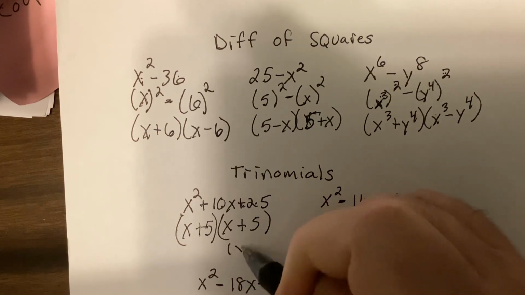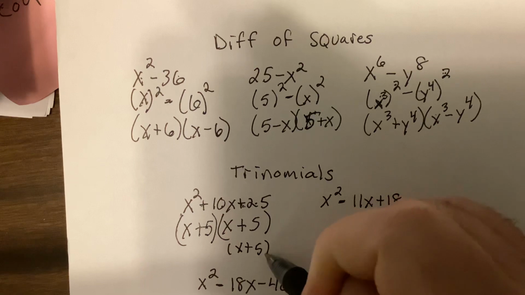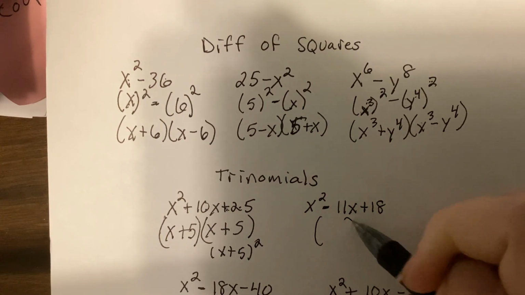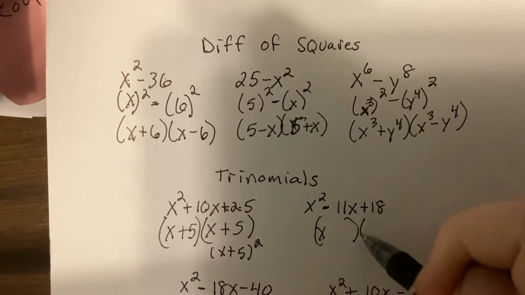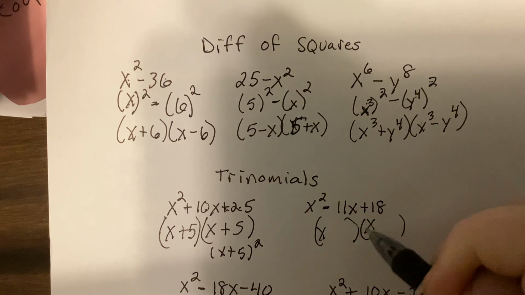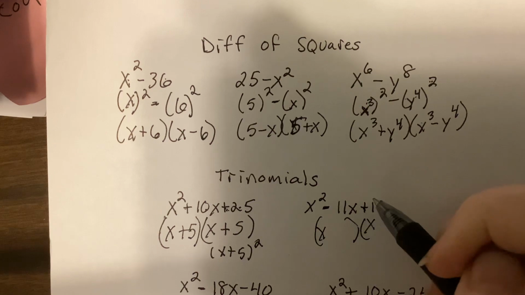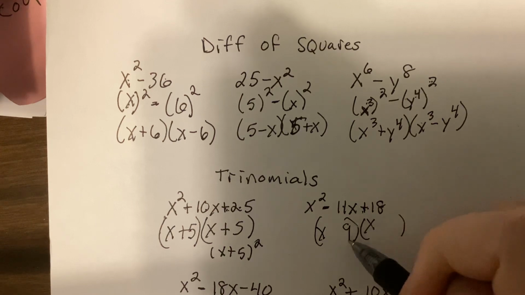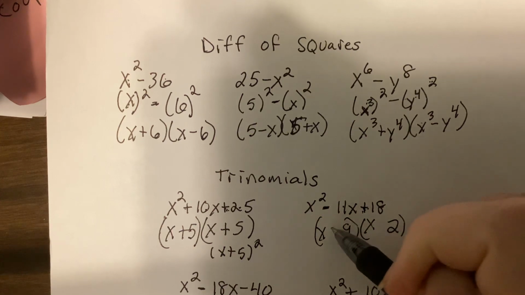So that would be x plus 5 squared. Last term's plus, so it'd be x plus, x plus. What do you multiply to get 18, but you add to get 11? That would be 9 and 2.